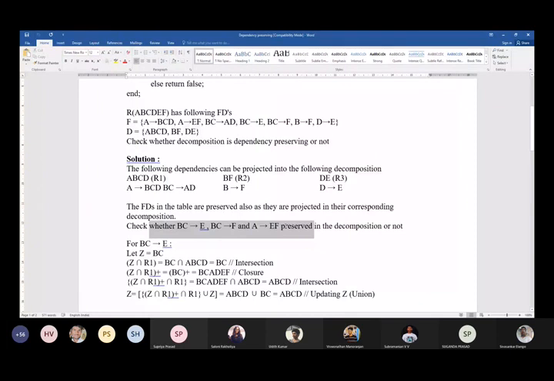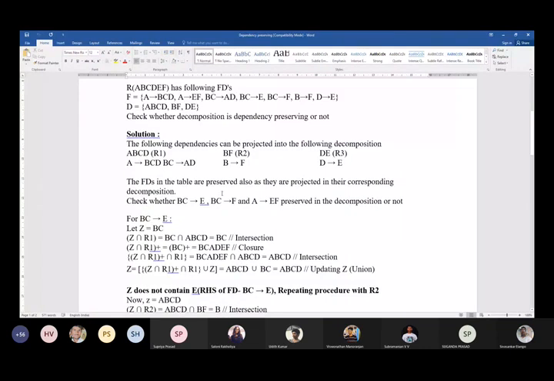We have made an assumption that whenever the dependency exists within the same fragment, it can be easily proved that the functional dependency is preserved in a relation. So we are concerned only with checking whether BC determines E is true, BC determines F is true, and A determines EF is true, right?